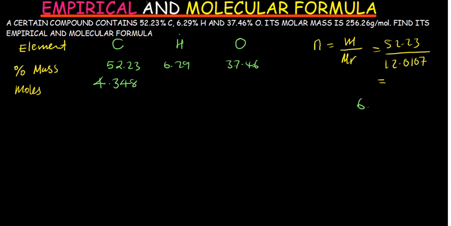Hydrogen, the mass given is 6.29 divided by the molar mass. Molar mass for hydrogen is 1.008. So that is going to give us 6.24. And then now we're going to go to oxygen.